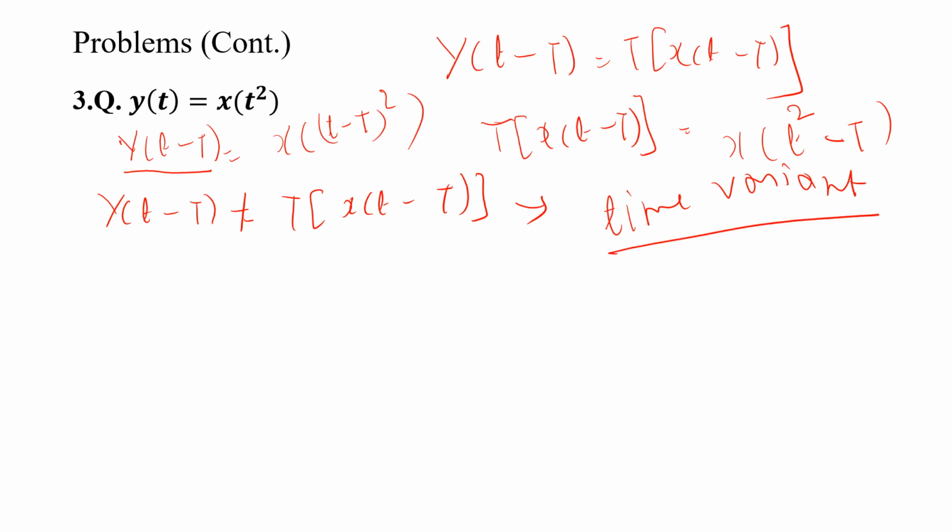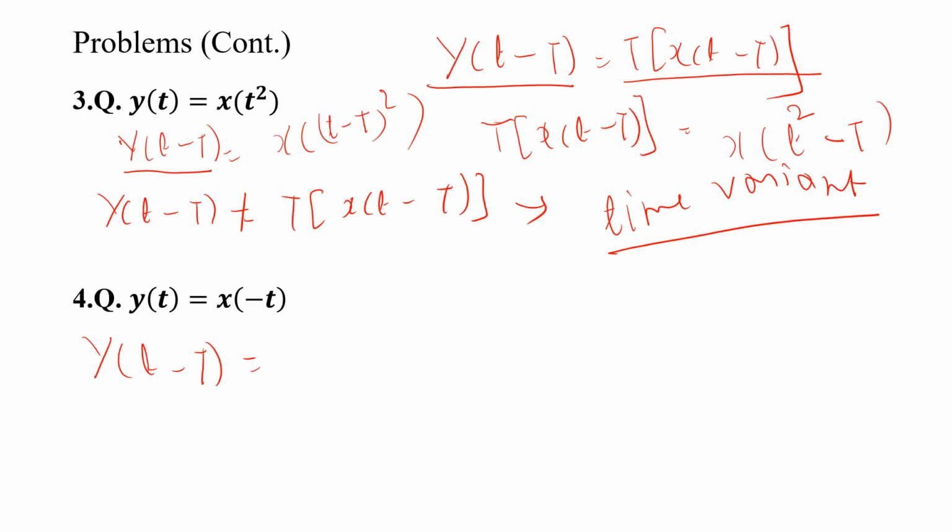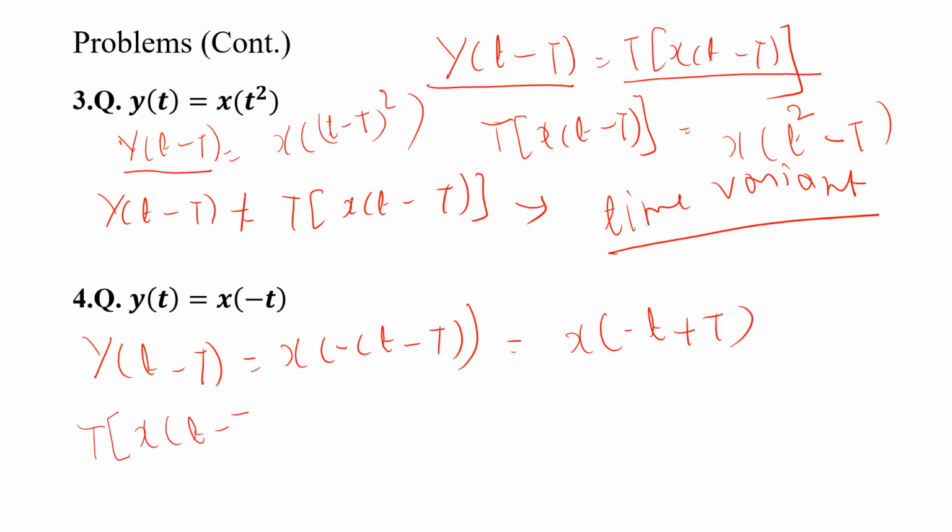Okay, so next one, fourth one, x of minus t. So what I have to take, y of t minus T is equal to T of x of minus t. So I will calculate first y of t minus T. Means in place of t I have to put t minus T. So it will be what? x of minus t plus T. Next, transformation of x of t minus T. What to do?